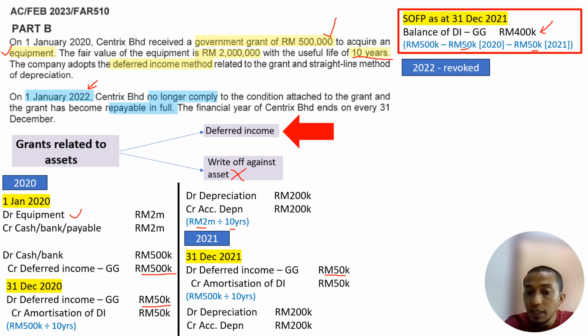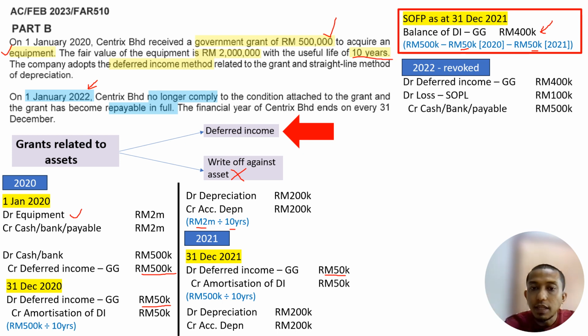Remember, deferred income is a liability, and to write off a liability you put it on the debit side. So debit deferred income 400,000. How much do you need to pay? In full, which is what you received, 500,000. So credit bank or payable 500,000.